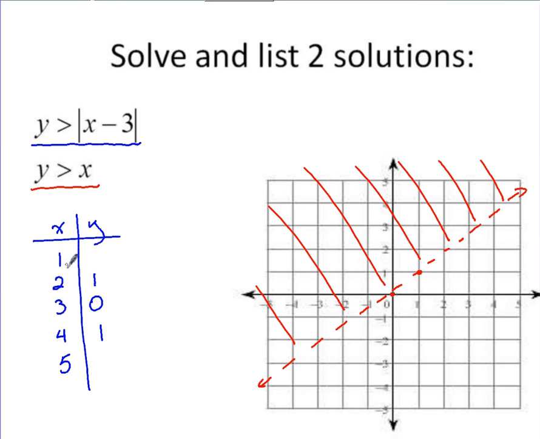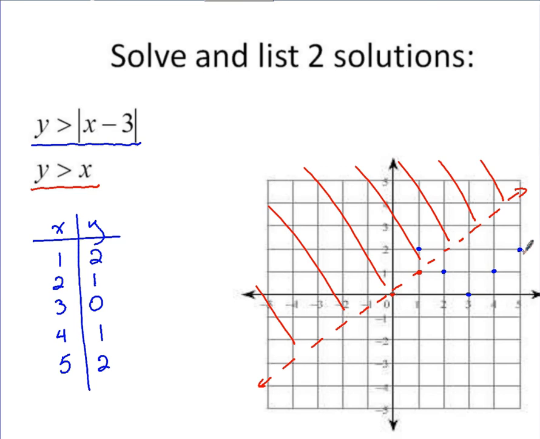Likewise, if I work my way back to 1, I've got 1 minus 3, which gives -2. The absolute value of -2 is just 2. You get the same thing down here if you plugged in 5. So if it helps, use those points for guidance. If I plot those points, (1, 2), (2, 1), (3, 0), (4, 1), and (5, 2), you can see how your V shape is formed.